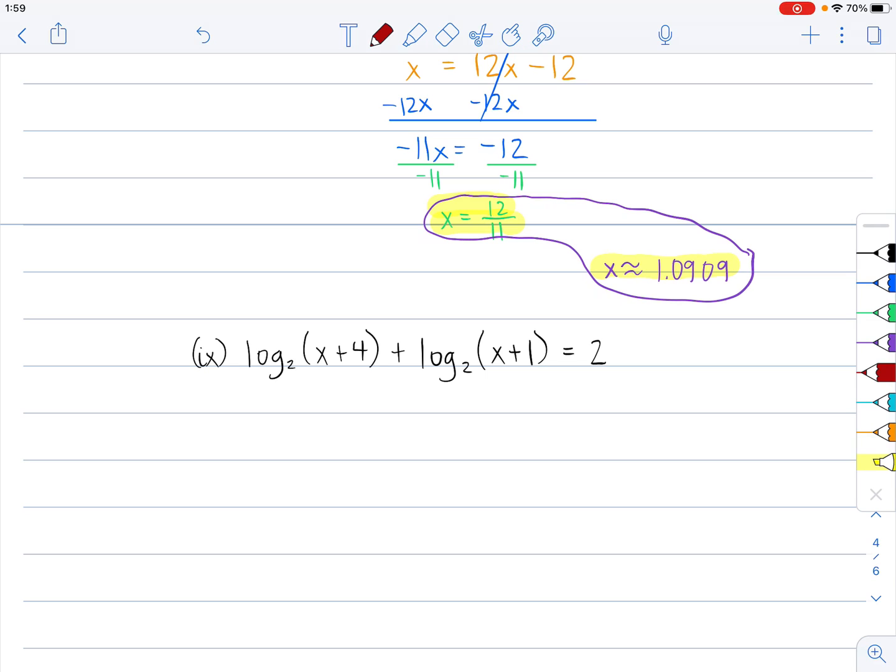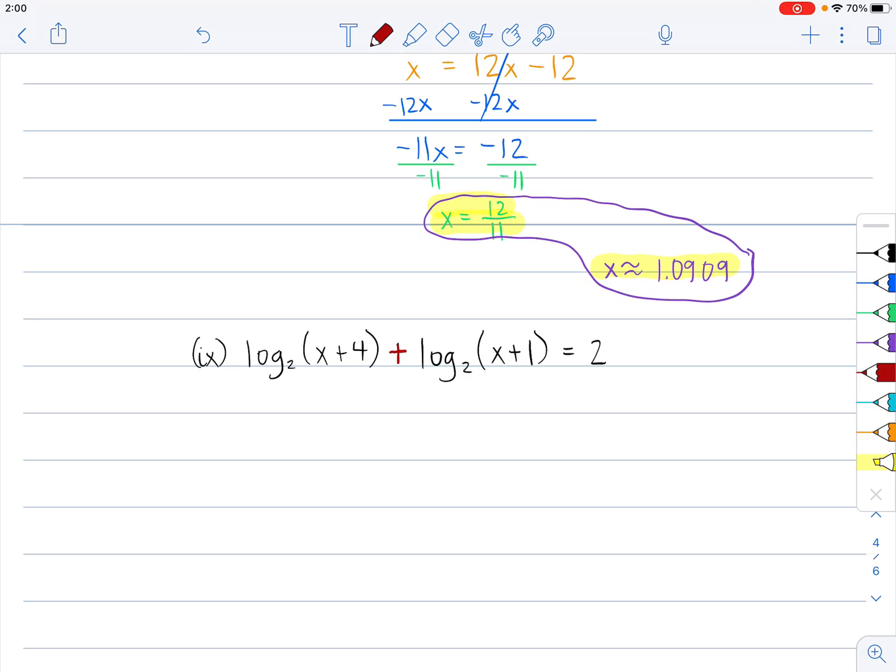You need 1 log equal to 1 number, because even if I moved this guy over, this 2 could not be condensed with the log base 2 on the other side.